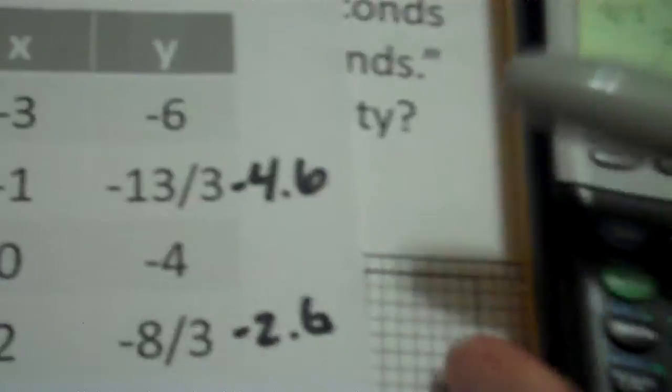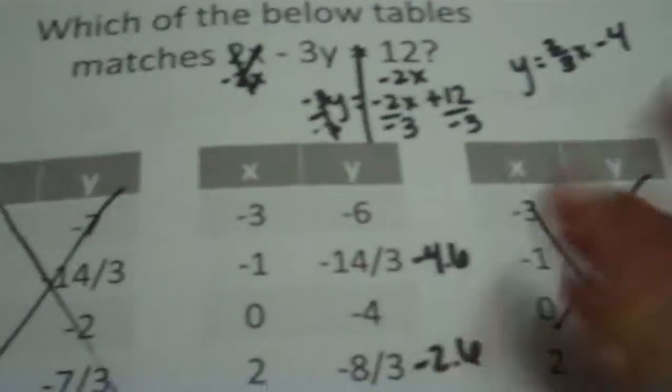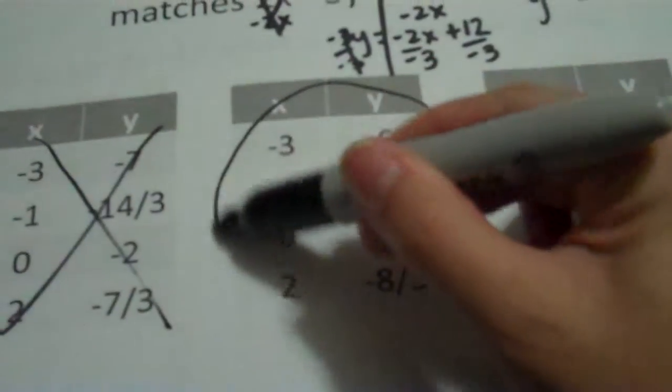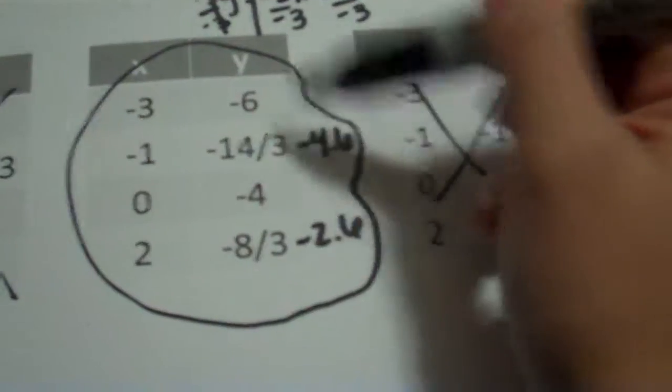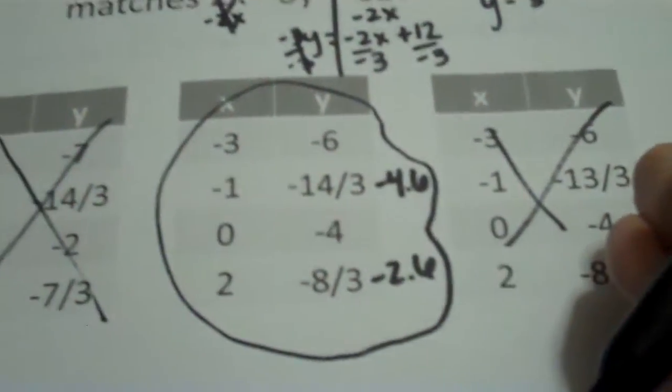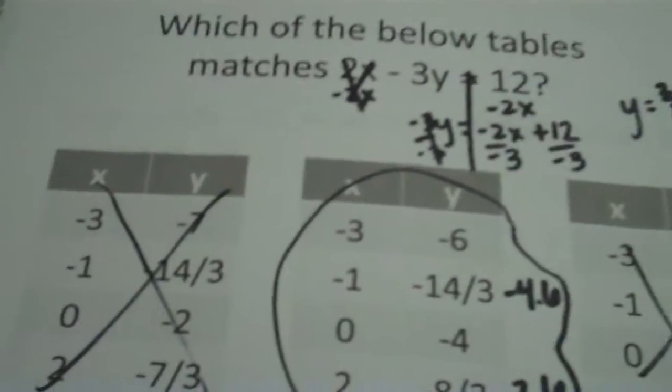Let's just double check the other side. Negative 13 divided by 3. It should give us negative 4.66. And it doesn't. It gives us 4.333. So this one's wrong. And then this one would be correct. So on your test, if you have fractions, all you have to do is just write the little decimal beside it, divide them, and then see if it matches. Okay? So that's one question.